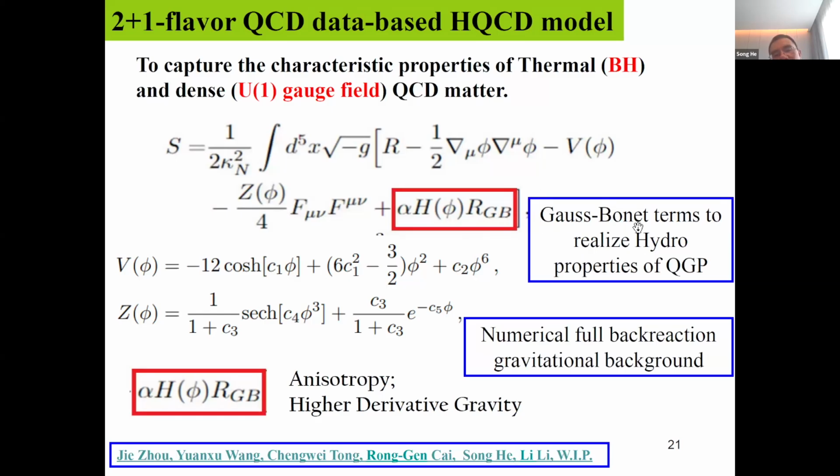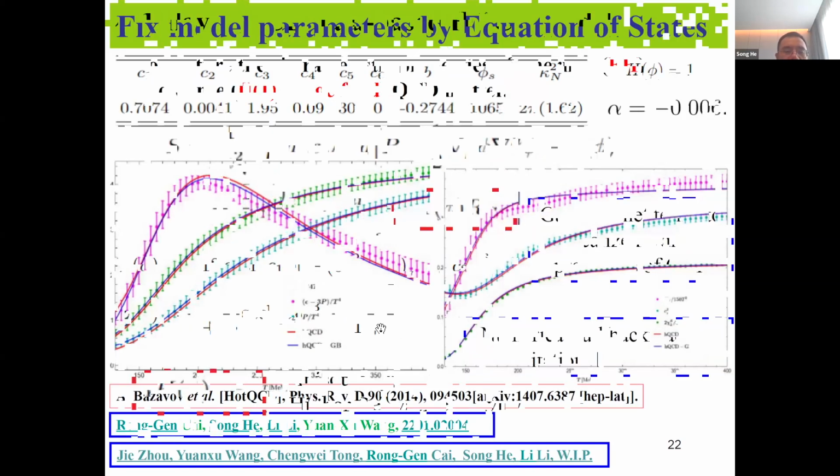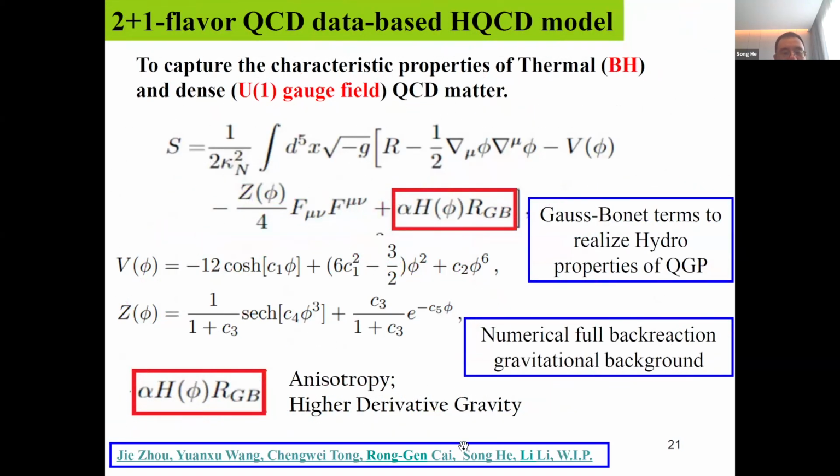Since the Gauss-Bonnet term comes from string theory, it's well defined, but there is a phenomenological coupling between phi and Gauss-Bonnet. There is no guiding principle. As I said, there is no guiding principle. How can we determine this H of phi? How can we realize this? This is work in progress with my student and also Professor Zhonggen Cai and Lili.